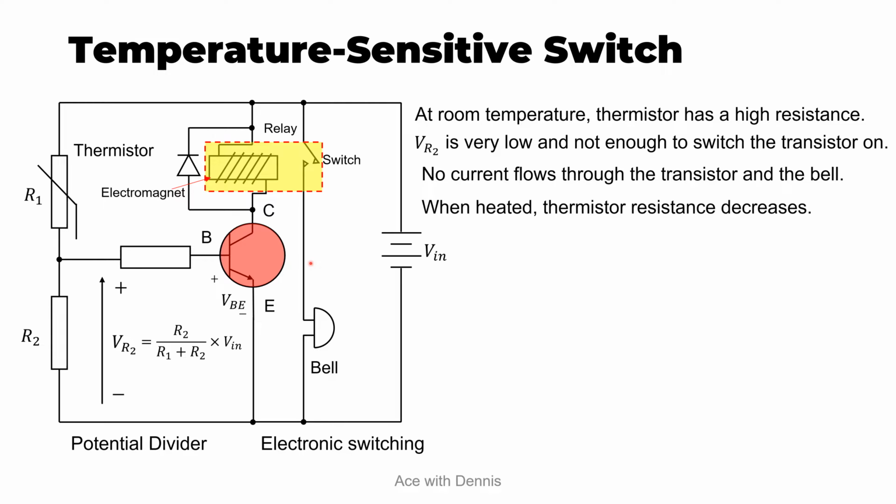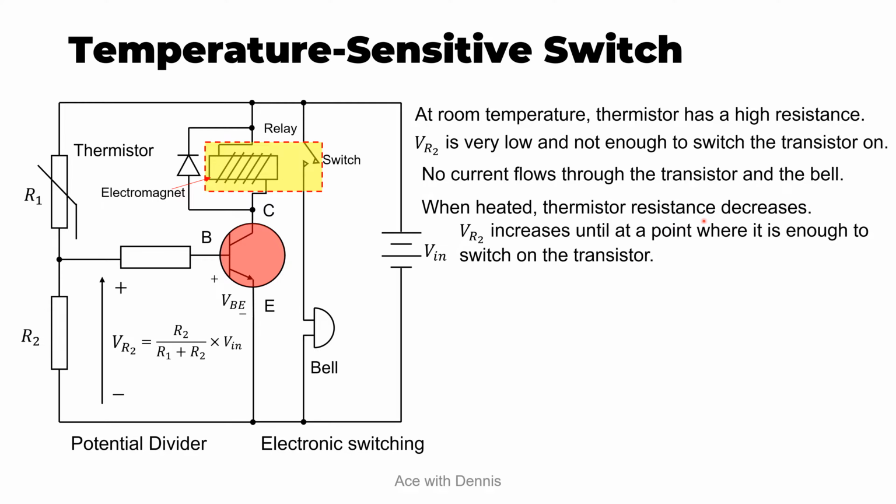On the other hand, when heated, the thermistor resistance decreases. So what will happen when the thermistor resistance decreases? Then VR2 increases until the point when it is enough to switch on the transistor. Now look at the formula again.